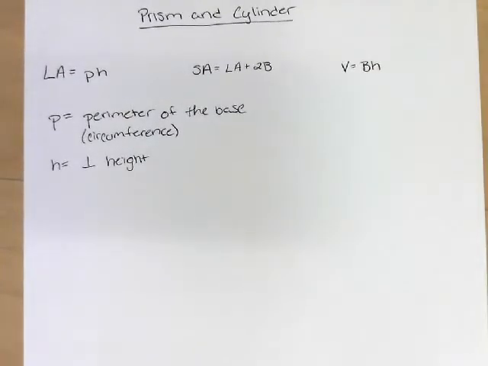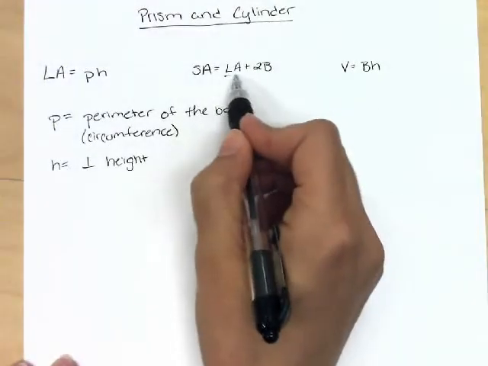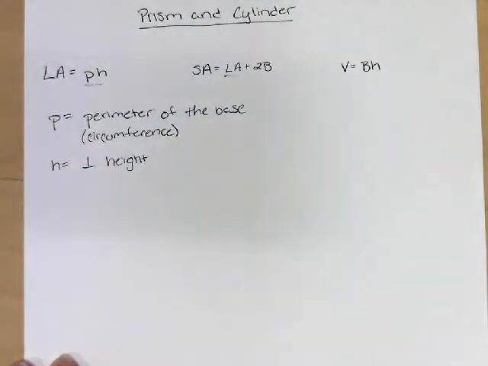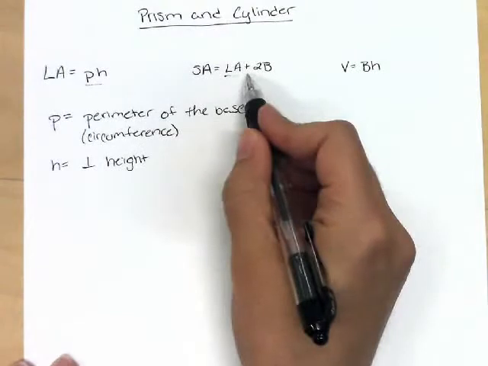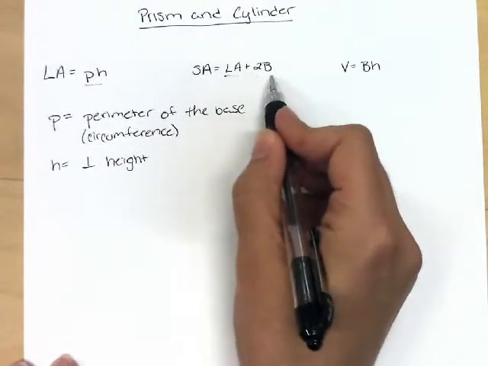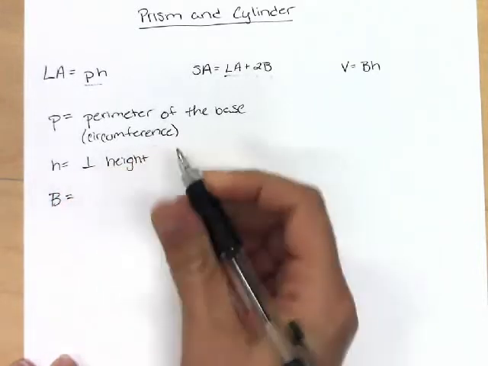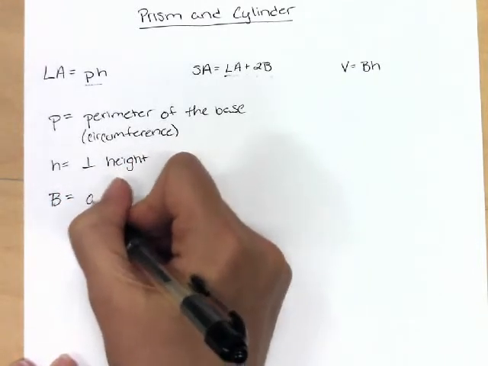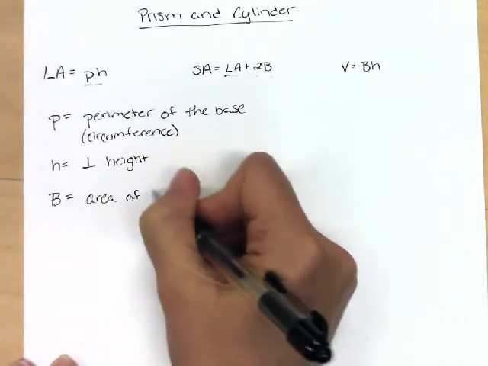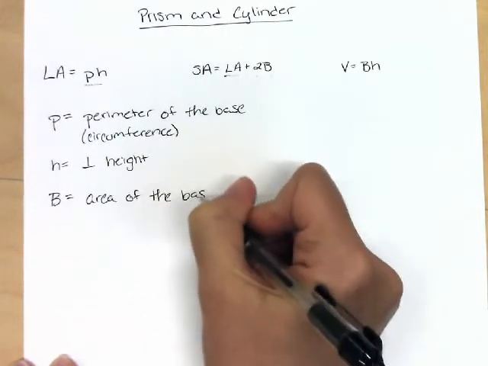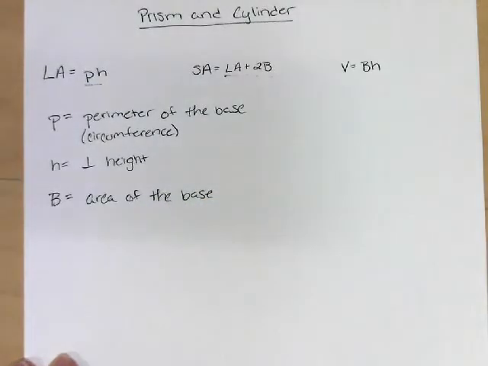And then for our surface area formula, whatever you end up with for your lateral area, take that value and add 2 times the base area. So a capitalized B represents the area of the base. And there are different formulas for that.